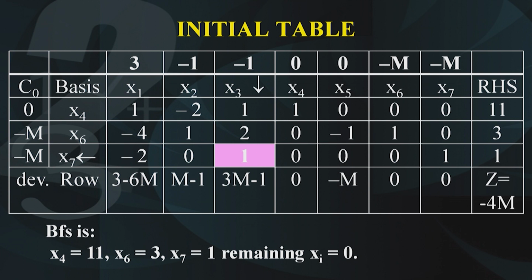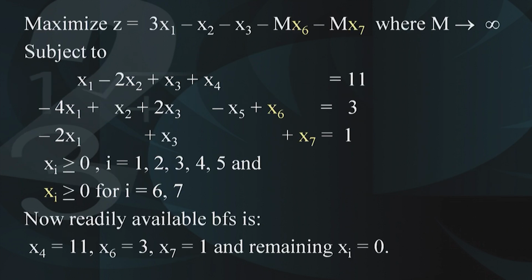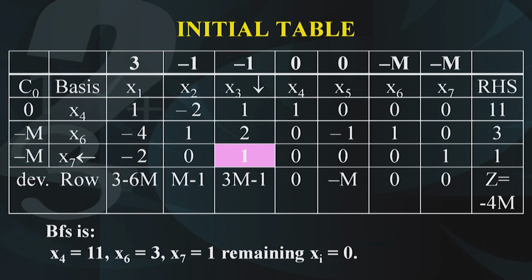Under these columns, we write down the coefficients that are given in the problem. So, I want everybody to write down these values. Here you find the coefficients of x1 are 1, minus 4, minus 2.